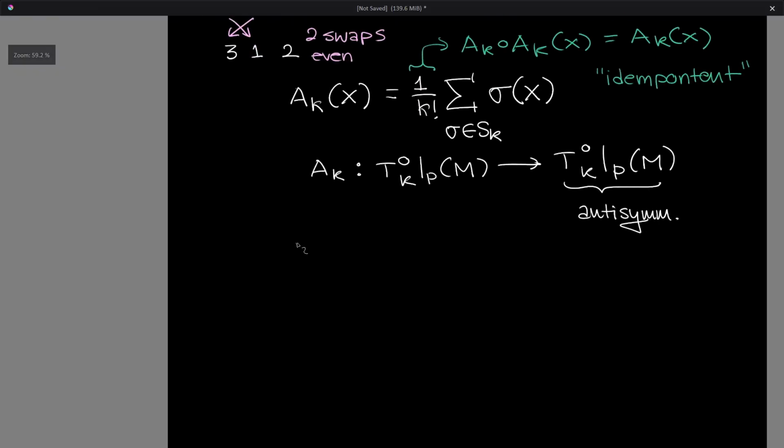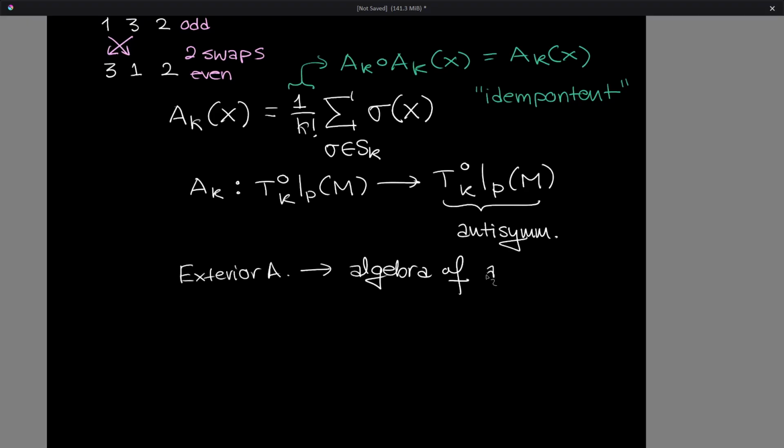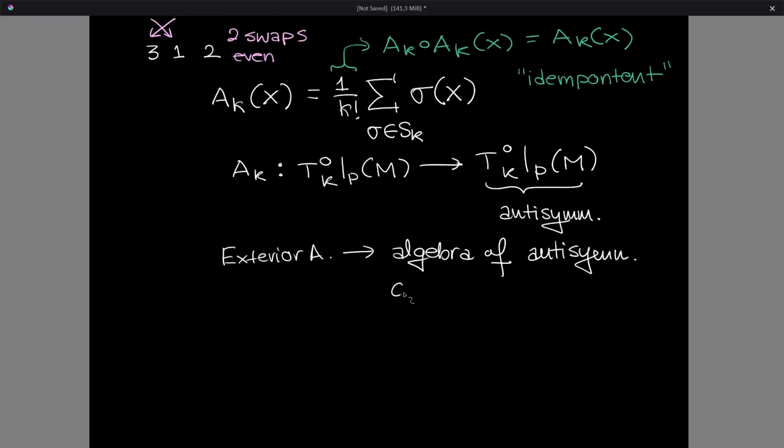And our exterior algebra, it's the algebra of antisymmetric 0k tensors.